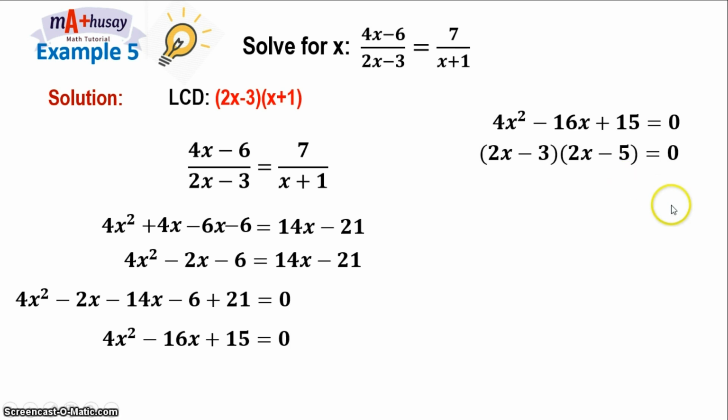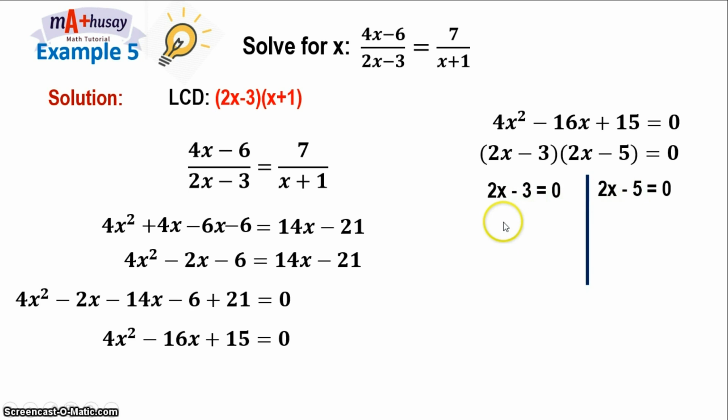So, yan yung factor nitong quadratic equation. Using the zero product property, we will equate itong ating dalawang equation. So, we have 2x minus 3 equals 0. Ang isa naman, 2x minus 5 equals 0.